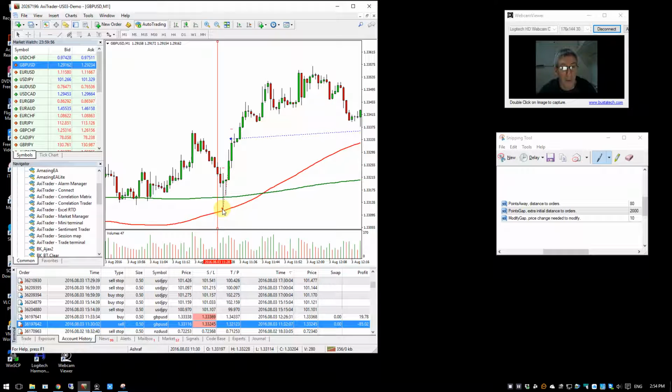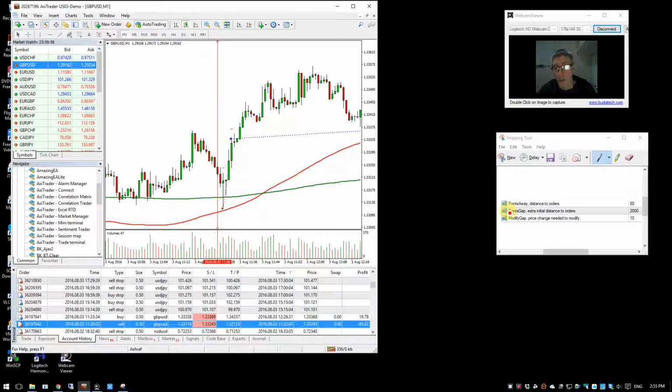Anyway, the next thing I wanted to talk to you about was PointsGap and ModifyGap. So PointsGap is set to 200 pips, which seems like a lot. The idea is that I used to notice that opening orders can sometimes take quite a long time, especially if you do it 5 seconds before the news.